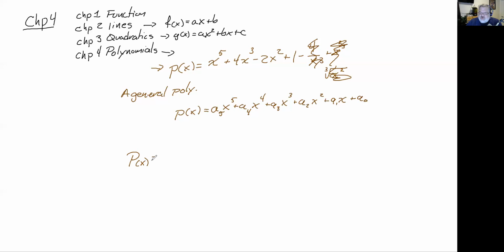So if we wanted to do a completely general polynomial where this power of the x, this 5, could be anything, we've got to label it as x to the n for any n power. That would make the coefficient, we'd label it an. But then the next one would be, well, 1 less than whatever that n was, x to the n minus 1 power.